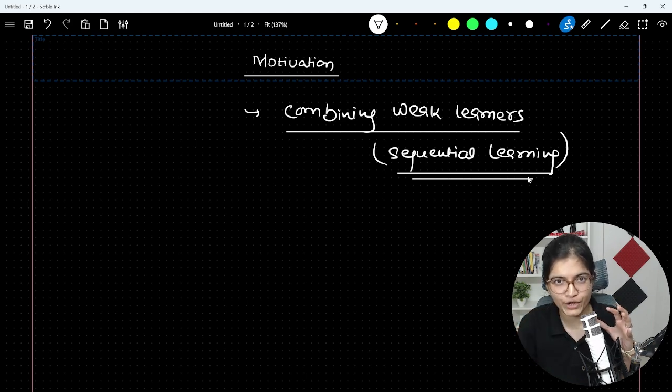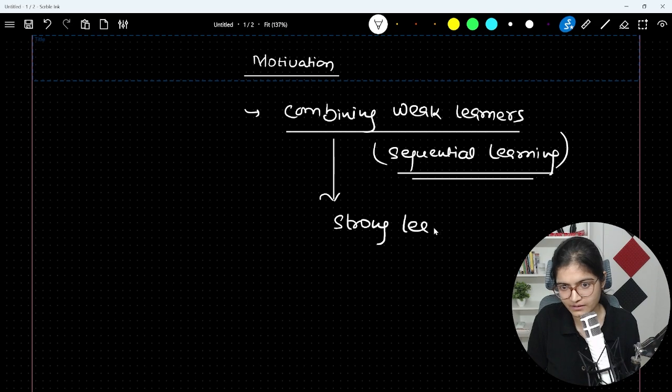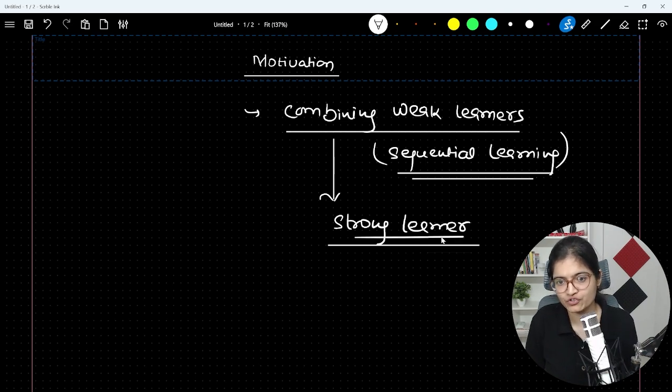Wherever the model is going wrong, we use another model to train on those wrong things. So we are rectifying our models and trying to curate, at the end, a strong learner, right? That is the whole approach of the boosting algorithm that we have discussed so far.